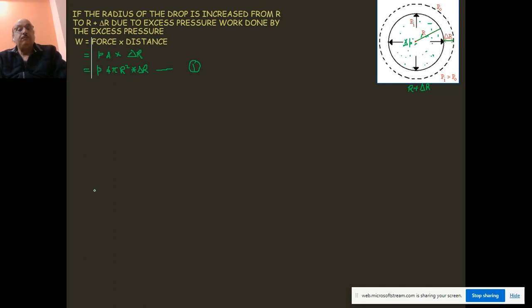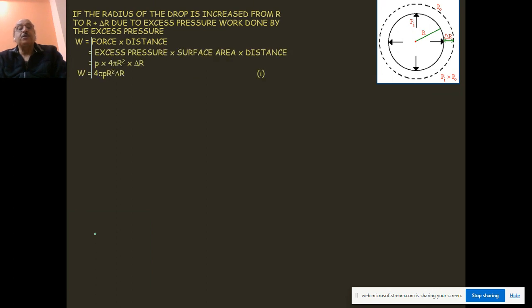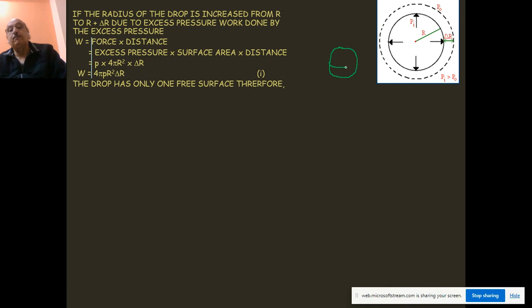Now, we may say this work done is stored in the form of potential energy. And this liquid drop has a single surface. This is the liquid drop and this is the surface.